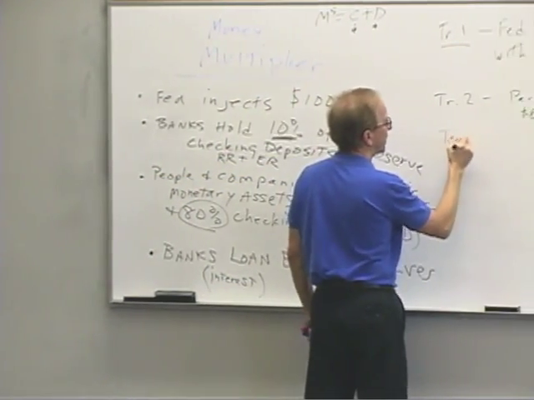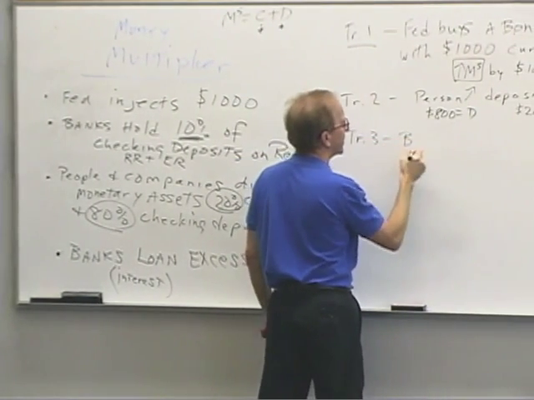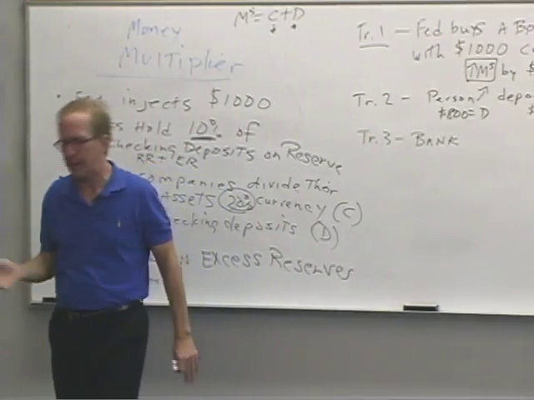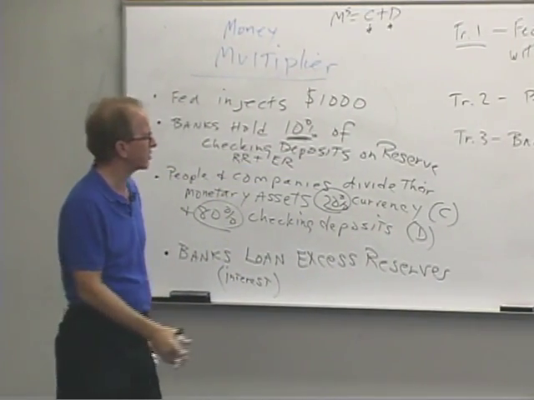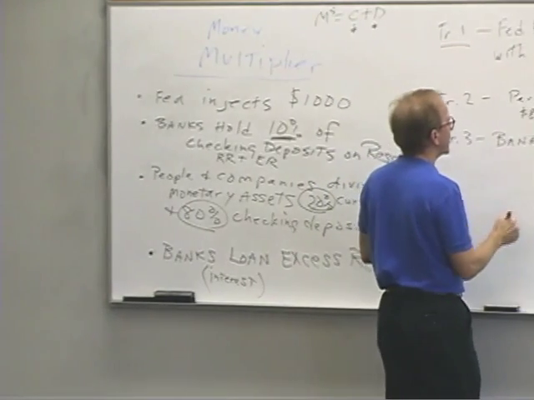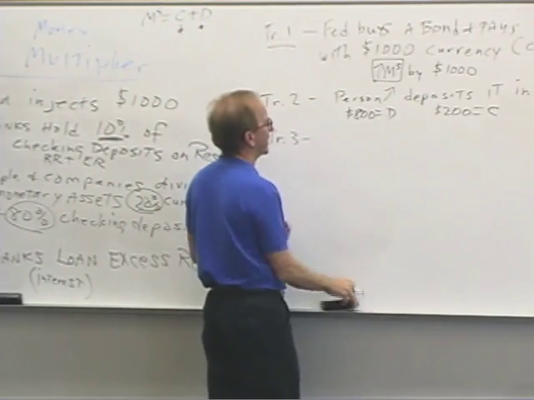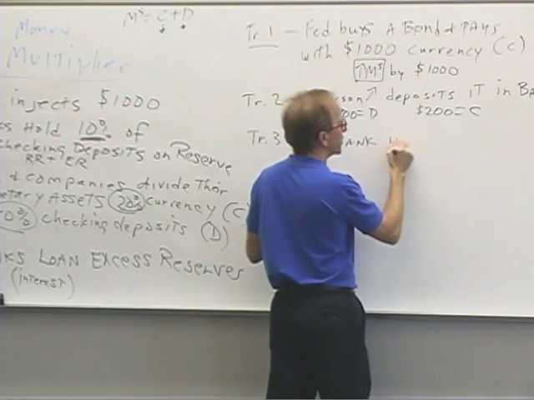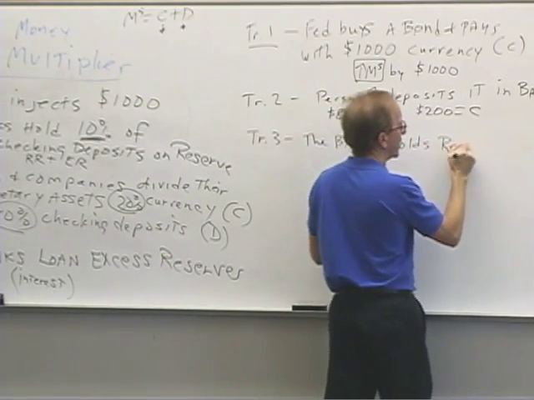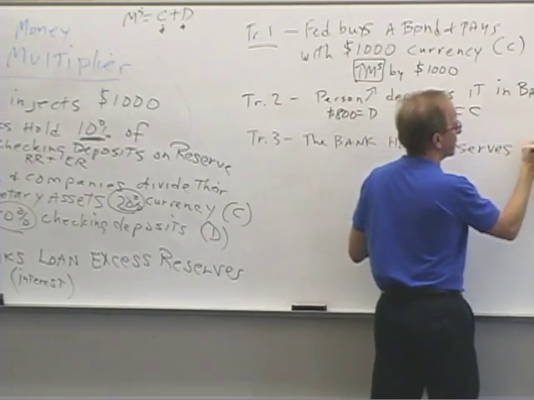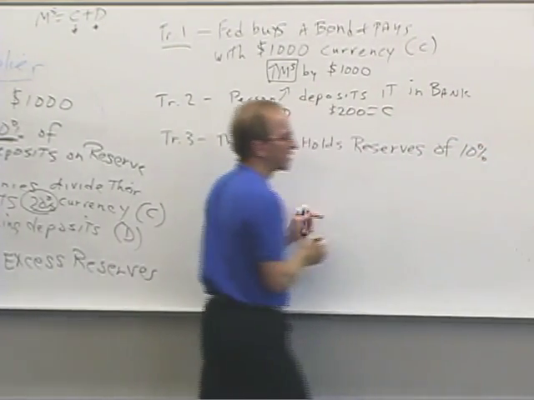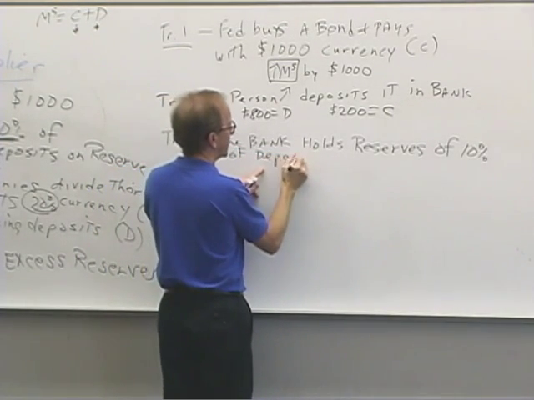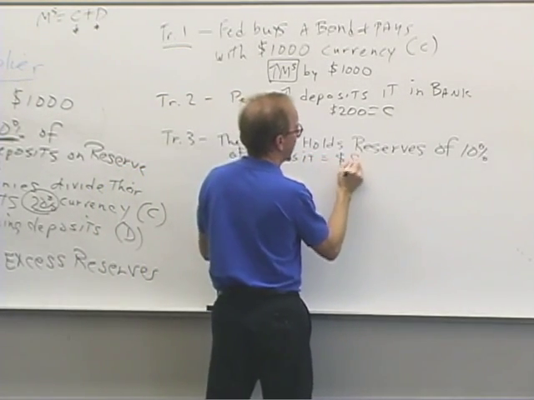Transaction 3. We'll just work with one bank here so that we don't get involved in banks shifting funds among themselves. The bank holds reserves of 10% of the deposit, which equals how much? $80.